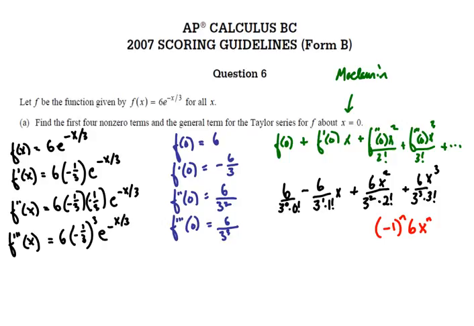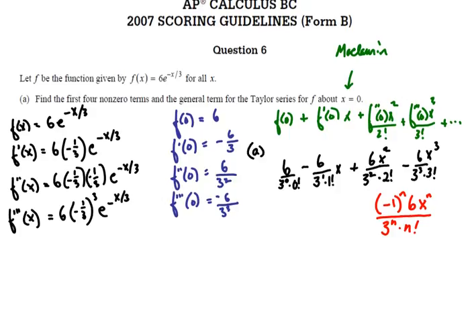And that's all going to be divided by 3 to the n times n factorial. And that gives us the first four terms, and also the first four non-zero terms, and also the general term. Sorry, on that fourth term, we should have had a negative, and that should fix it there. So this is really the answer for A.